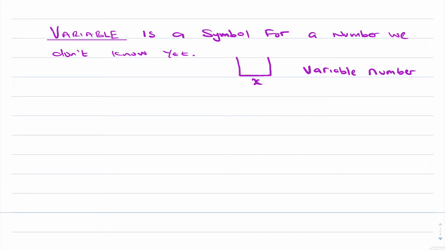It could be any number. And that bucket could be called Y or could be called Z. So the most common variables or names for variables are X and Y.